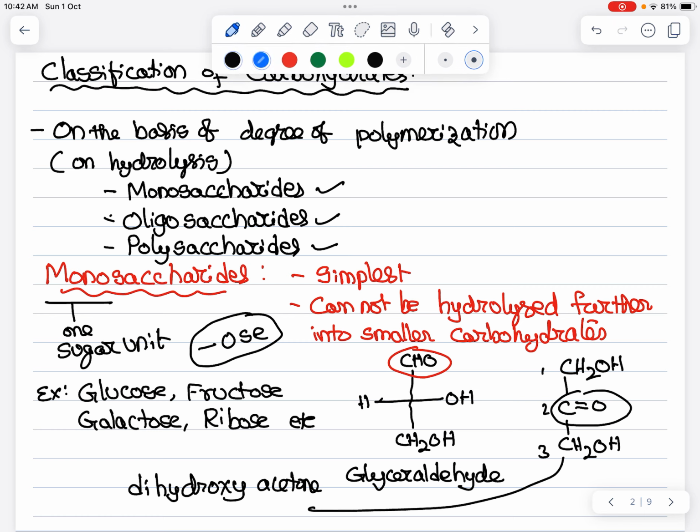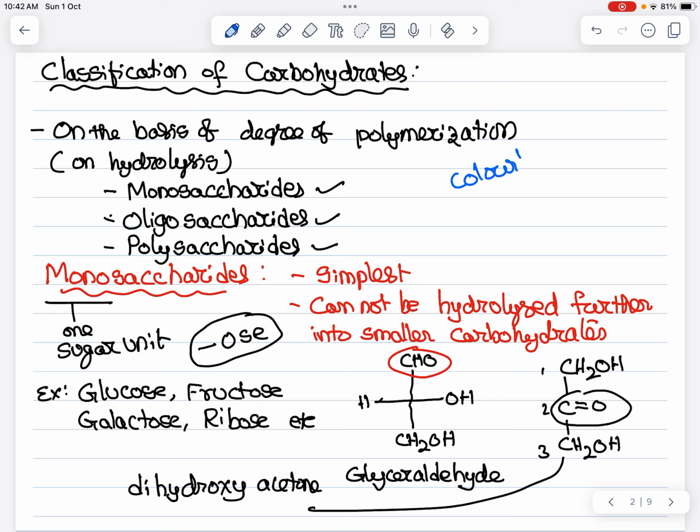Generally, the monosaccharides are colorless, water soluble, crystalline solids. So the physical properties are, these are colorless, water soluble and crystalline solids.